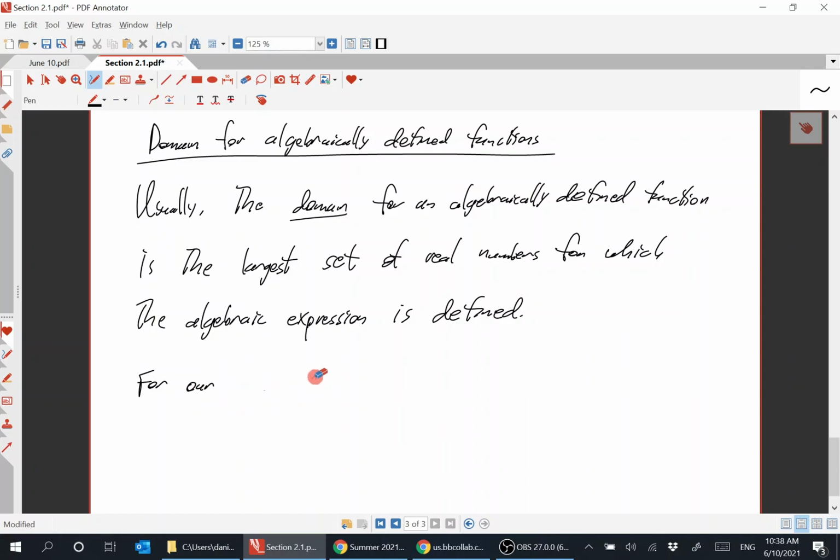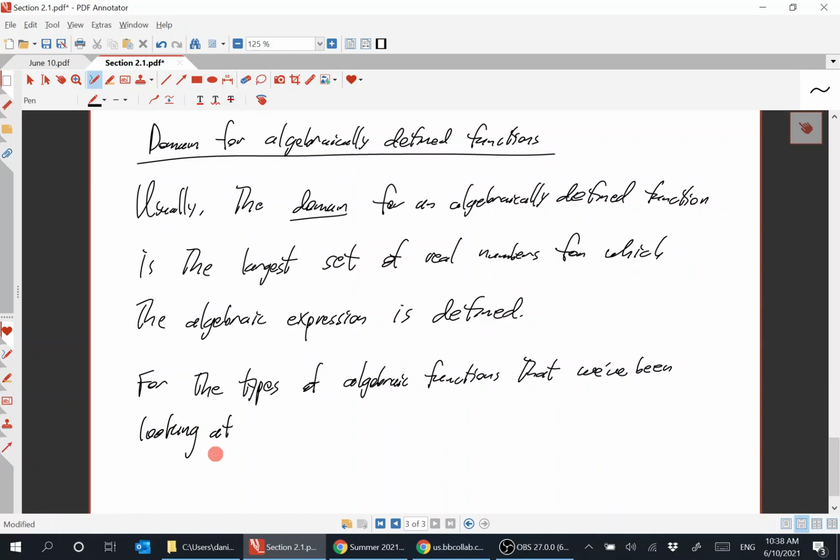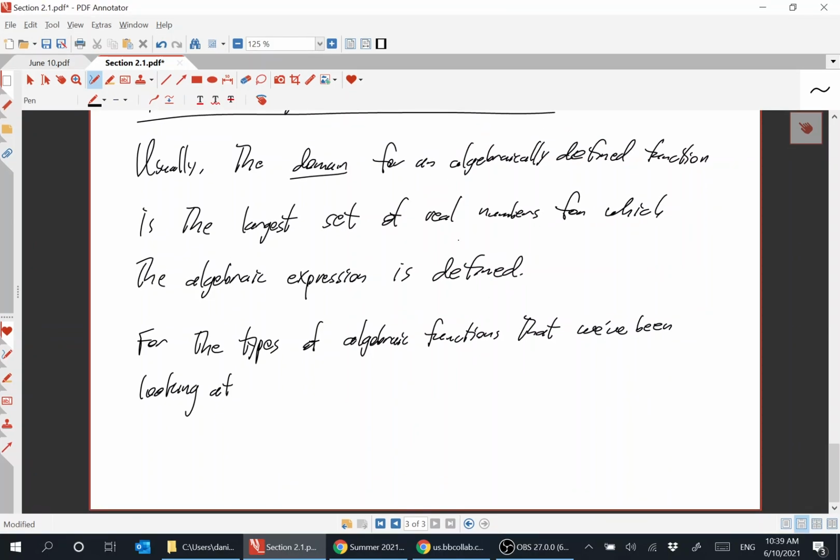So for the types of algebraic functions we've been looking at, things defined with multiplication, division, square roots, and other types of exponentiation, the only issues that pop up are dividing by 0 and square roots of negative numbers.